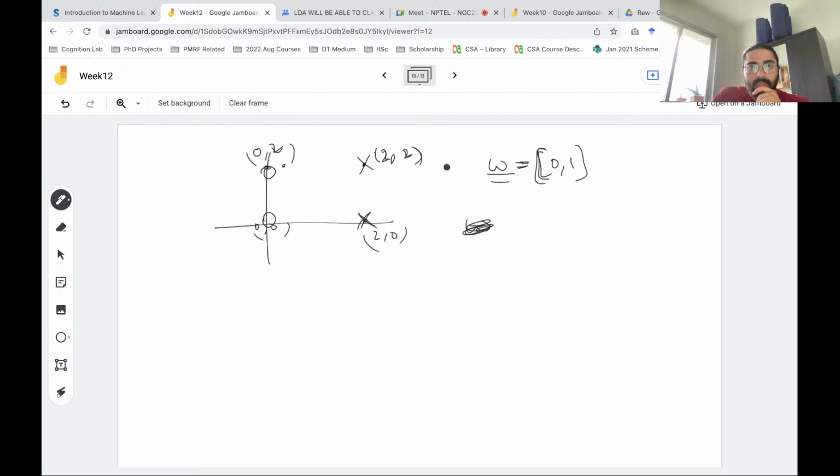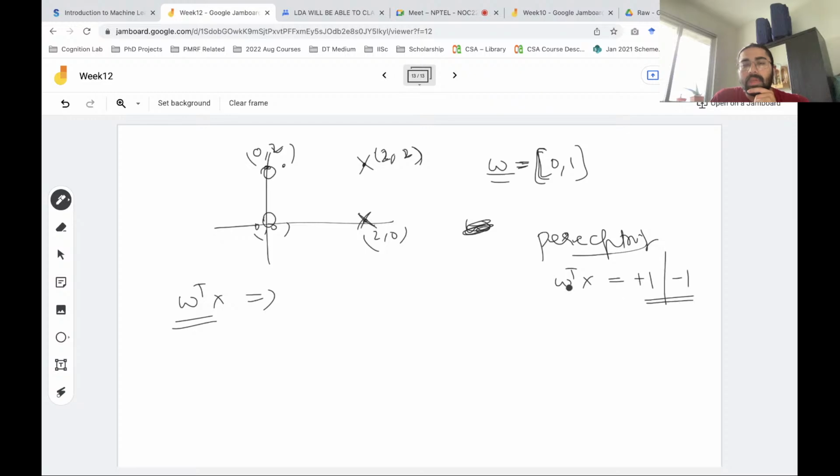So we'll compute W transpose X. In the perceptron algorithm, we see whether this W transpose X is +1 or minus 1, if I'm not wrong. And what then is W telling us here? What is W 0 comma 1? What does this mean here?